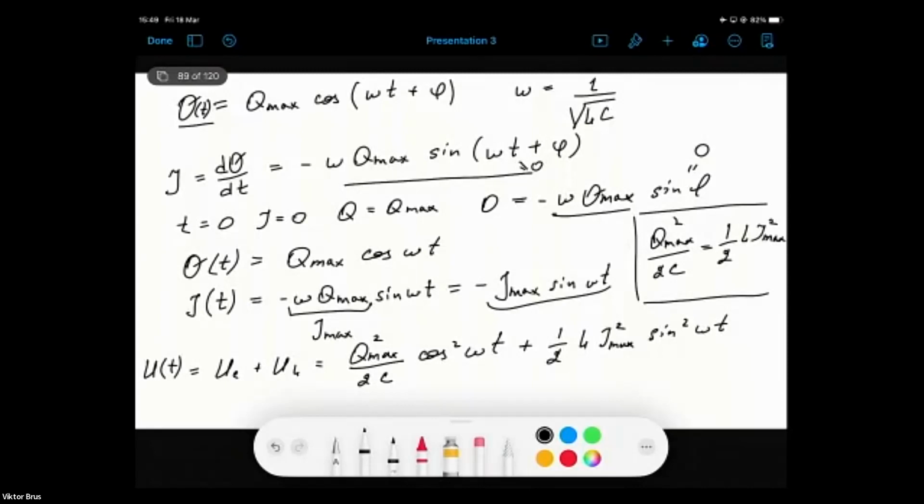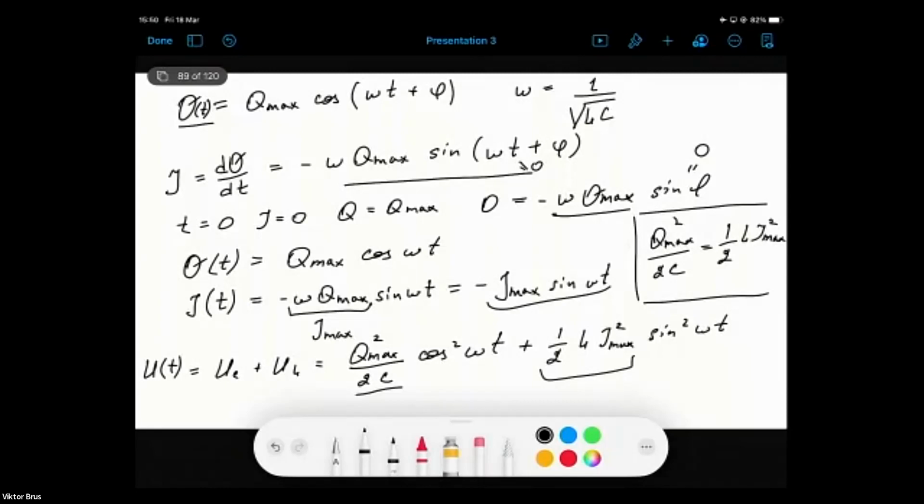Thus, we can just take out the parentheses Q maximum square divided by 2C, considering that this is equal to Q maximum square divided by 2C.